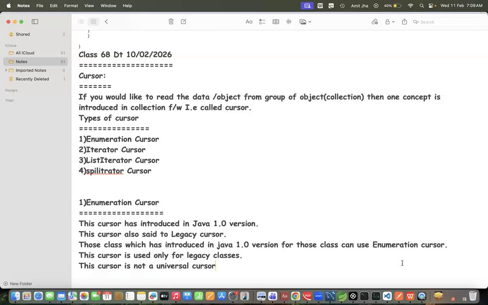So you can say this cursor is not a universal cursor. If anybody asks what you mean by universal cursor, you can say it is the cursor which is used for every implemented class.